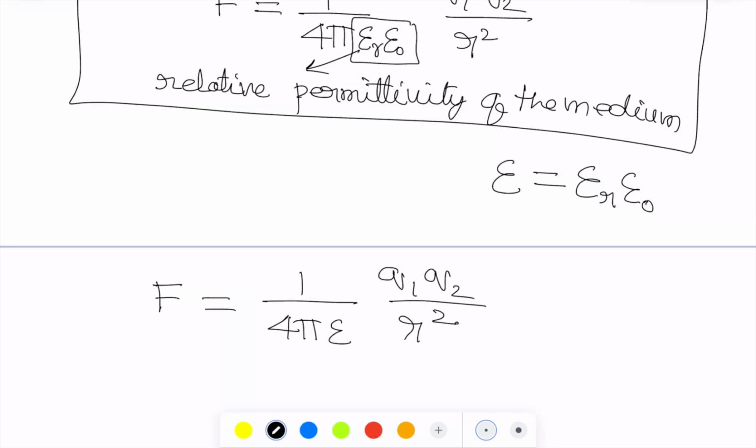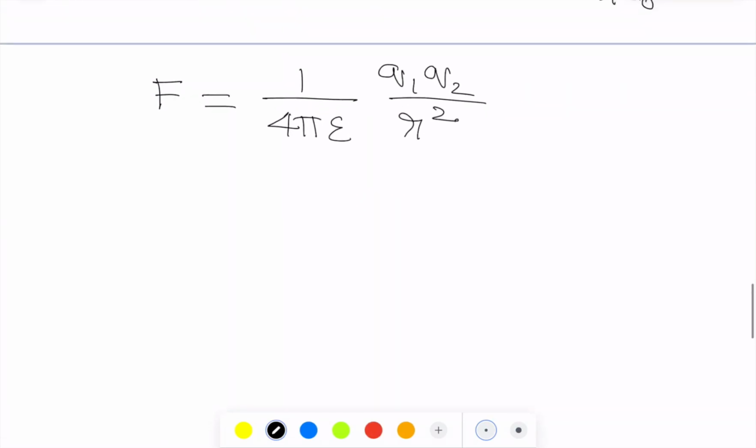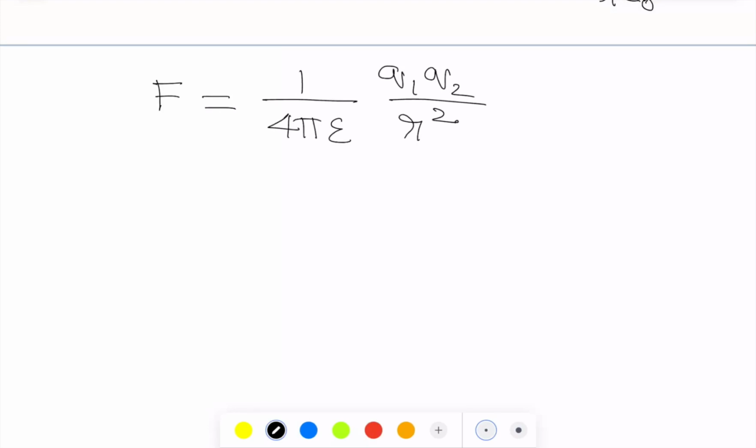Therefore, if you calculate the ratio of the force of attraction or repulsion in air divided by that in any medium, you get 1 by 4 pi epsilon naught Q1 Q2 divided by r square, over 1 by 4 pi epsilon r epsilon naught, same charges Q1 Q2 divided by r square.